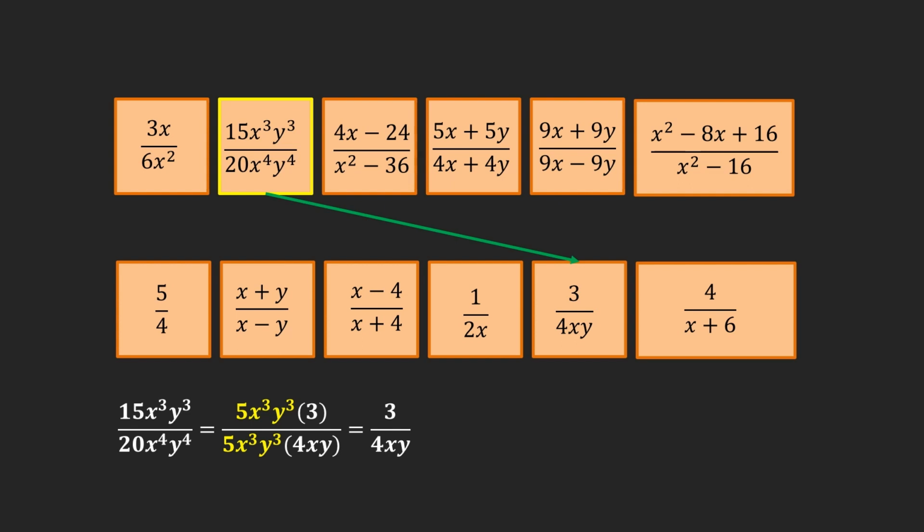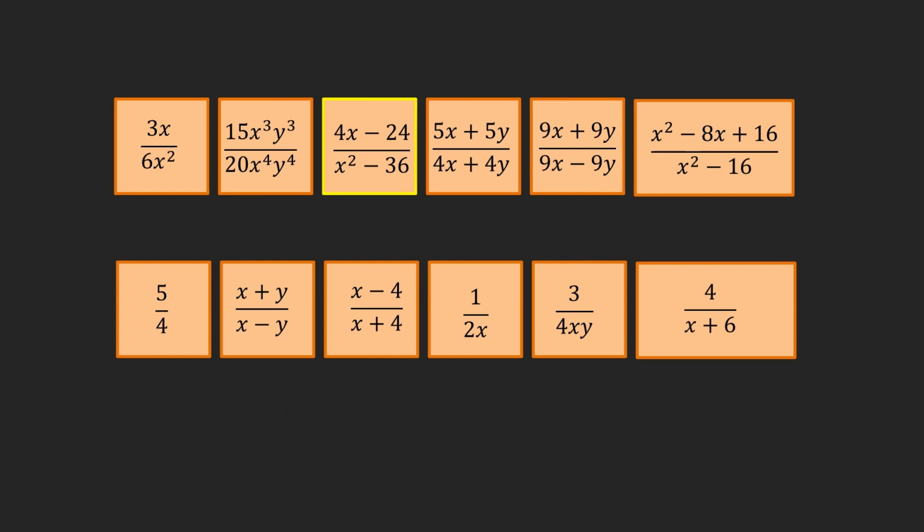Next, we have 4x minus 24 over 6x squared minus 36. Again, what is common in our numerator? Good, the number 6. So if we factor out 6, what will remain is basically x minus 6.